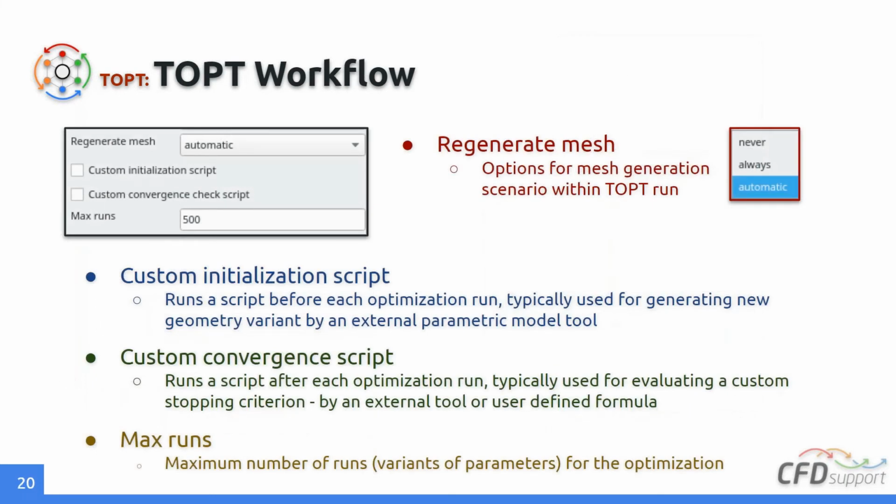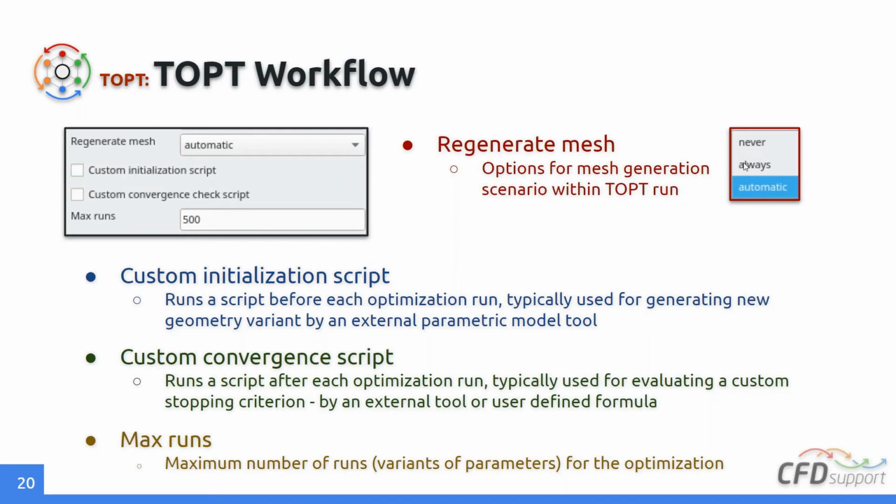Then there are additional options, for example, regenerate the mesh, which is a pretty nice tool. You can have, for example, loops where you have one mesh and you are changing a boundary condition, or changing revolution speed, etc. So you don't need to automatically regenerate the mesh.